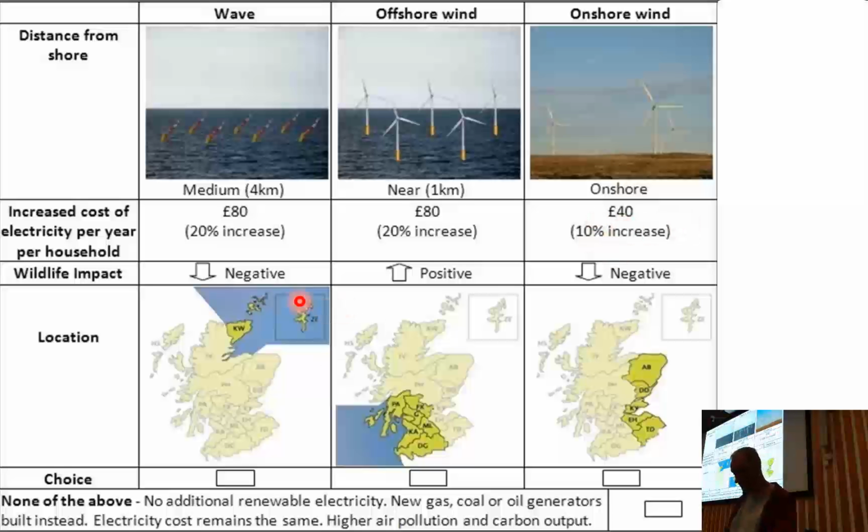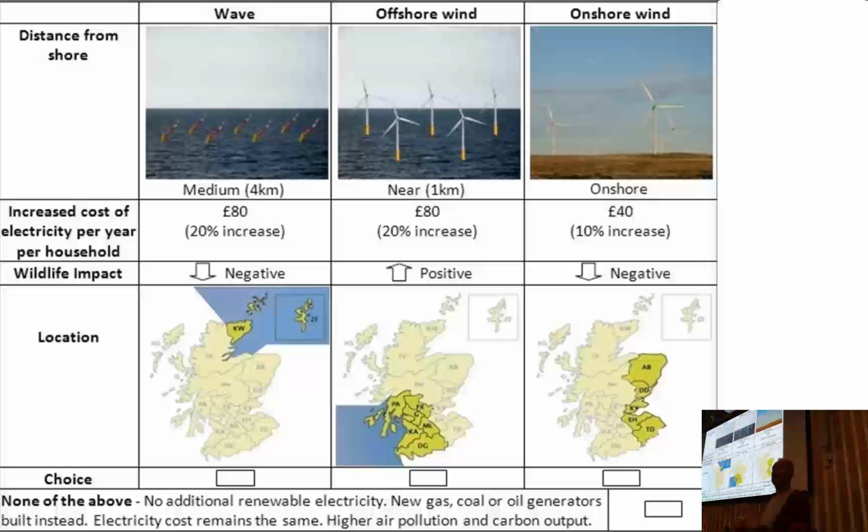We can do it in different locations, in the northeast, in the southwest, or here, of course, this is onshore on the east coast. And then there's also the impacts on wildlife. Can be negative, can be positive, or can be negative again.